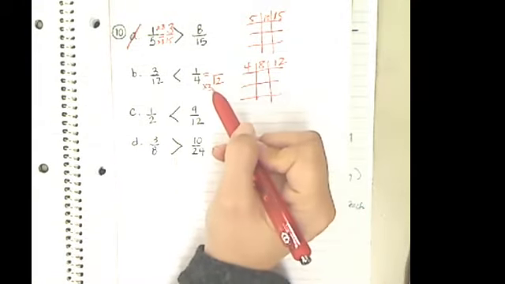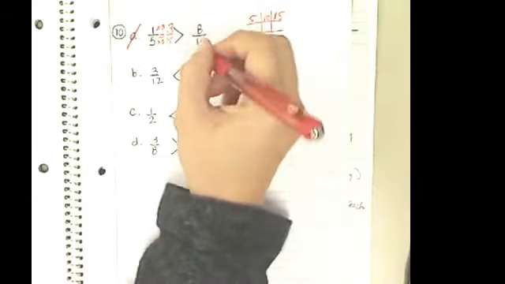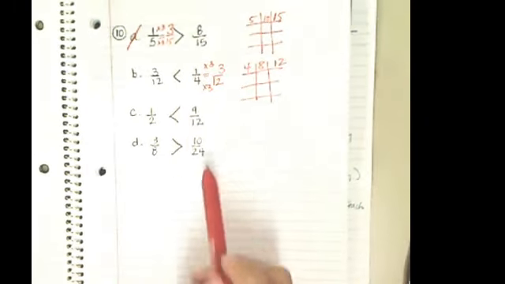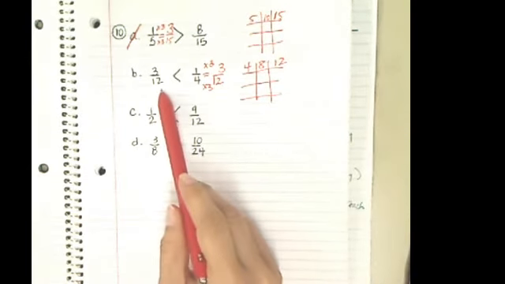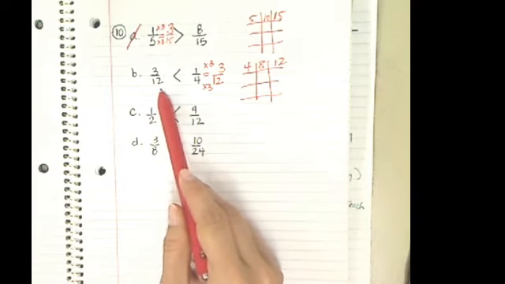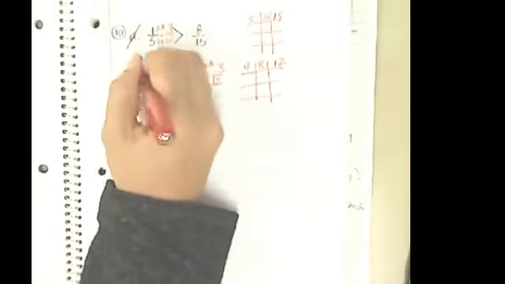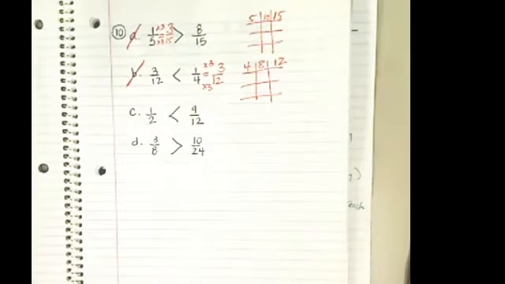And whatever you do on the bottom, you have to do the same thing on the top. 1 times 3 is 3. 3/12. Hey, that's the same as this side. Well, if they're the same, then it should be an equal sign, but that's not an equal sign. So that one is not the one we're looking for.